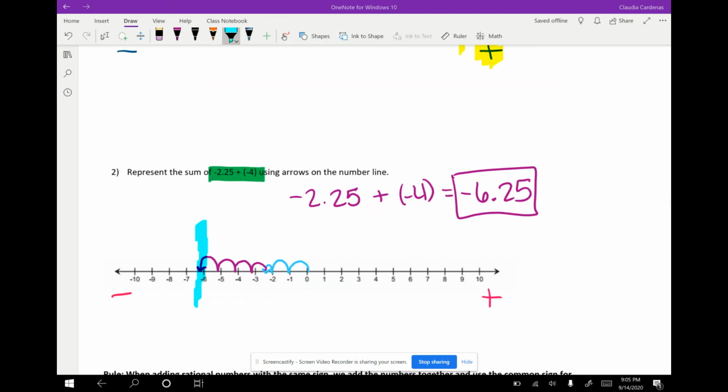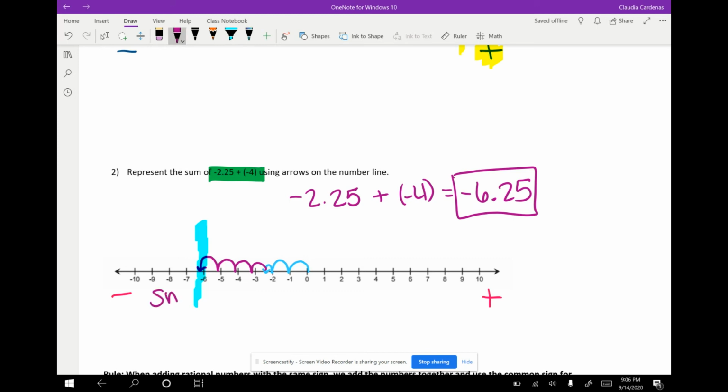Do you think that adding two negative numbers will always give you a smaller negative number? Yes, because just like adding two positive numbers gives us an even greater positive answer, adding two negative numbers gives us an even smaller negative answer because we are moving in the opposite direction of zero, which gives us smaller numbers. So let me write that down.